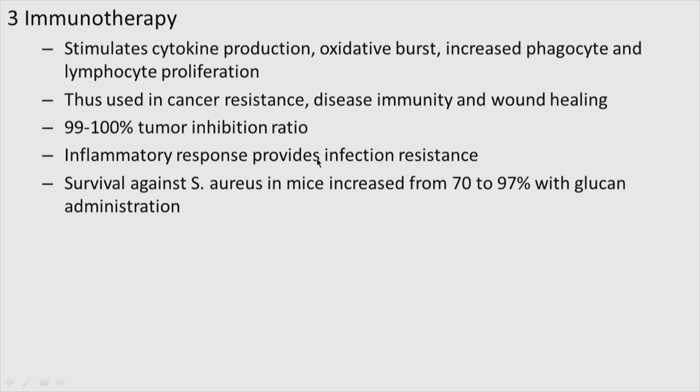It also gives a good inflammatory response and provides infection resistance, and the survival against Staph aureus in mice increased from 70 to 97% with glucan administration. The beta 1,3 linkage gives immunomodulatory properties, and hence these are possible applications of this beta glucan or curdlan.